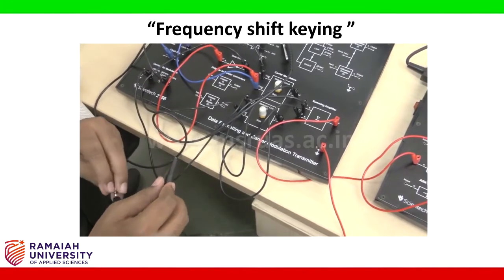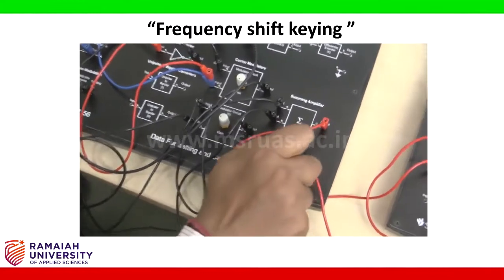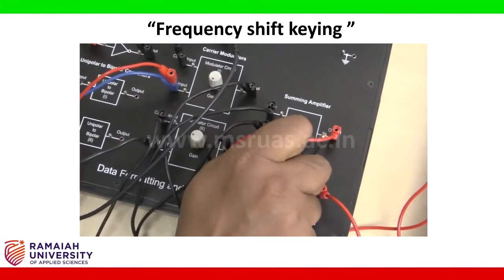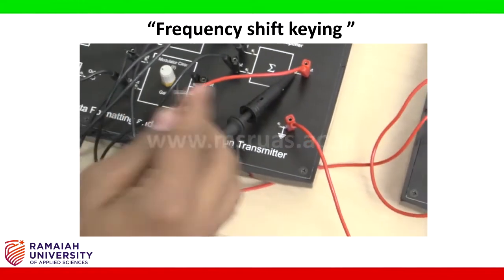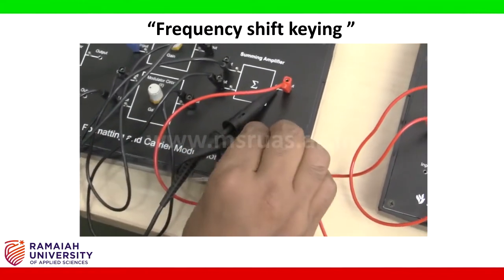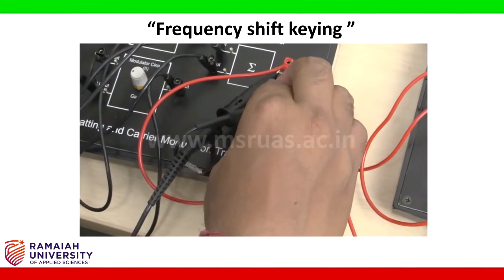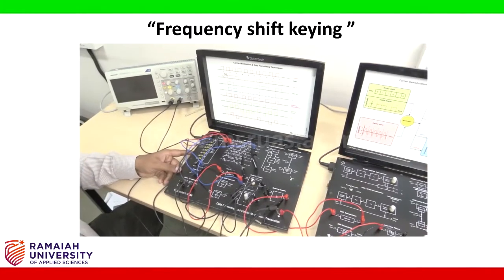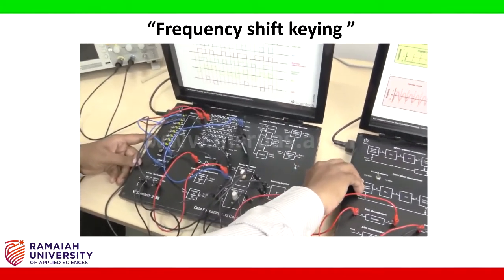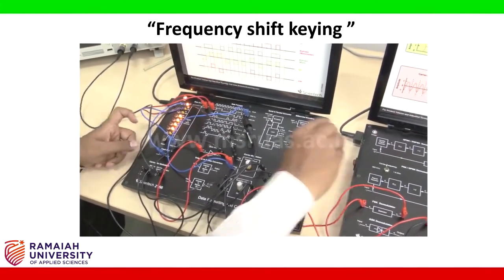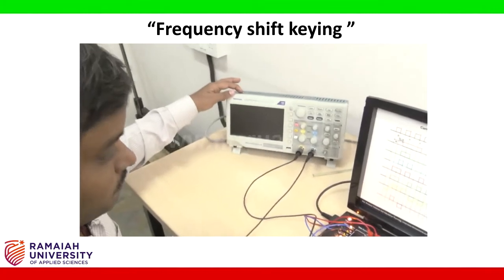Channel 2 is connected to the output of summing amplifier and to the ground. This completes the connection. Now let us switch on the power supply of both the boards as well as the digital oscilloscope.